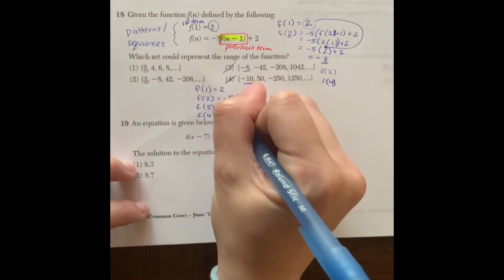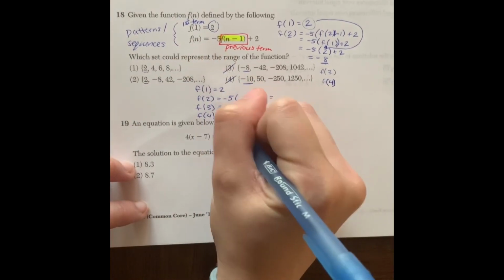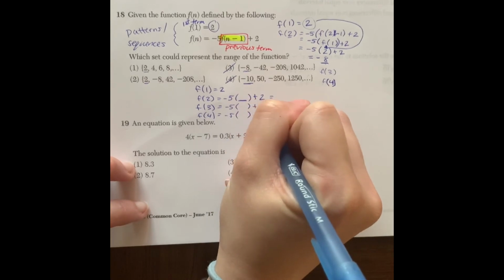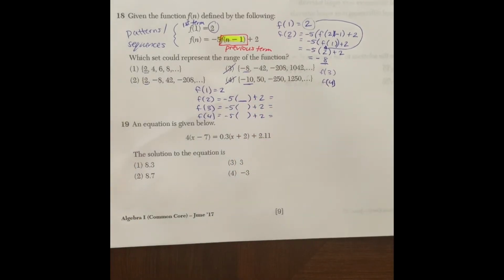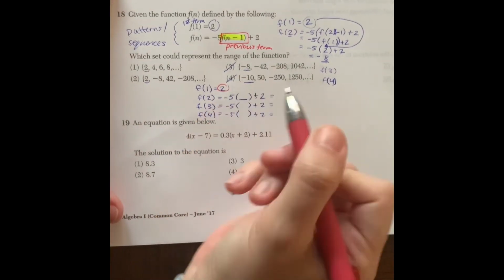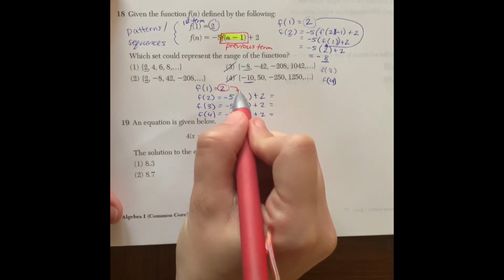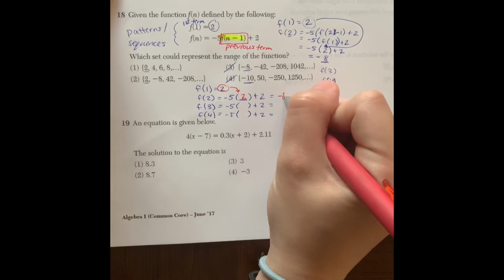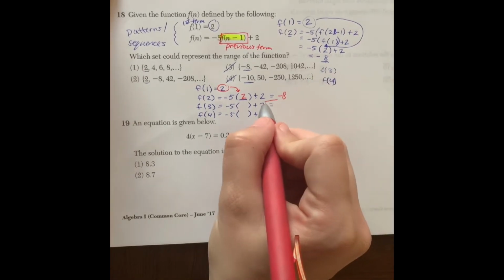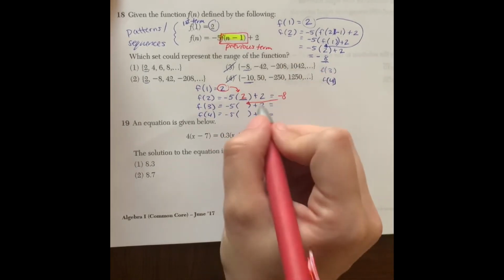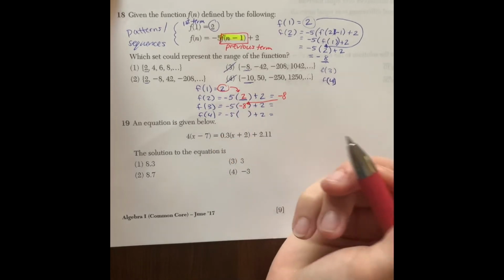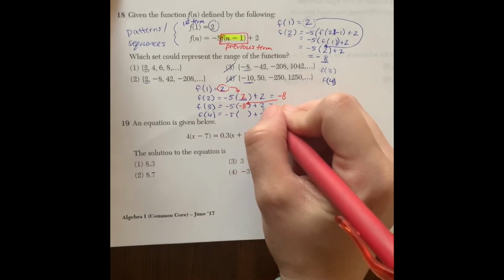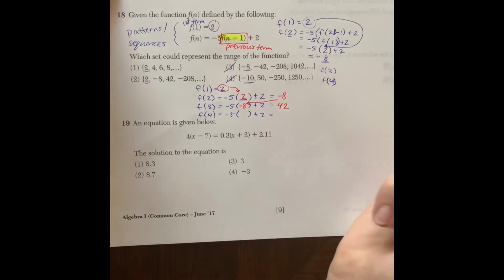And I'm going to set that up for each piece. So now all I do is take the previous answer and I plug it into that parentheses. So negative 5 times 2 plus 2 is a negative 8. Well, now I take that negative 8 and I plug it into the next one. Negative 5 times negative 8 is a positive 40 plus 2 is a positive 42.